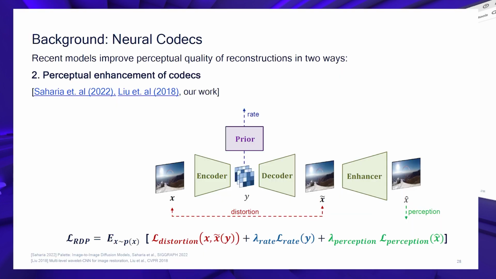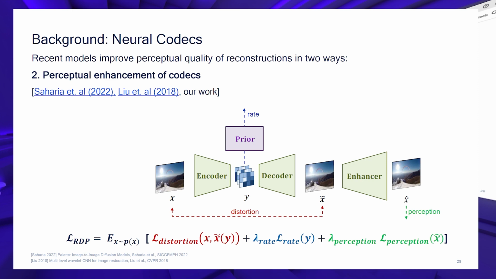So the previous slide was the usual way of training these distortion models or high fidelity models. But a lot of papers have explored doing something called perceptual enhancement of codecs. So you add an enhancer at the receiver side, and add a loss term called a perception loss. Usually, this loss is sometimes a GAN-based loss, or it can also be something called an LPIPS loss.